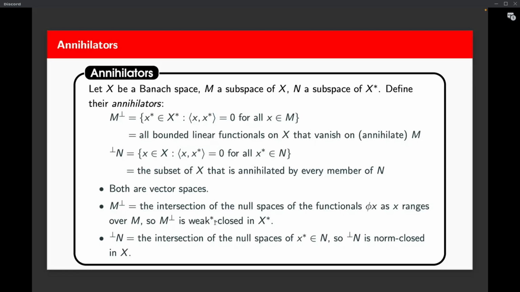And it's weak star closed in X star because the closedness of these things is under the weak star topology. And then on the other hand, the left annihilator of a subspace of the dual space is the intersection of just the null spaces of X star in N. Null spaces again are closed, and this is closed under the norm topology. And so then left perp N is going to be norm closed in X.